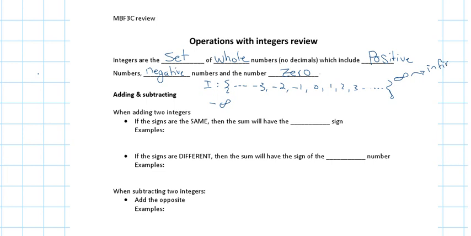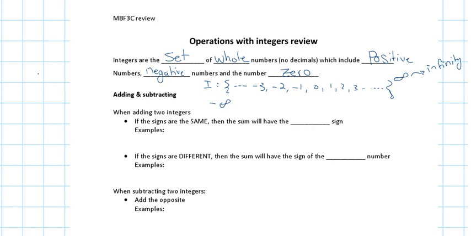So it's a set of whole numbers. Remember, whole numbers means numbers that don't have decimals, like 1, 2. No decimals, no fractions.